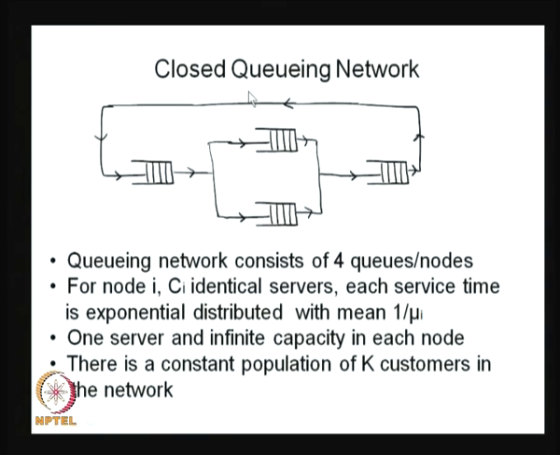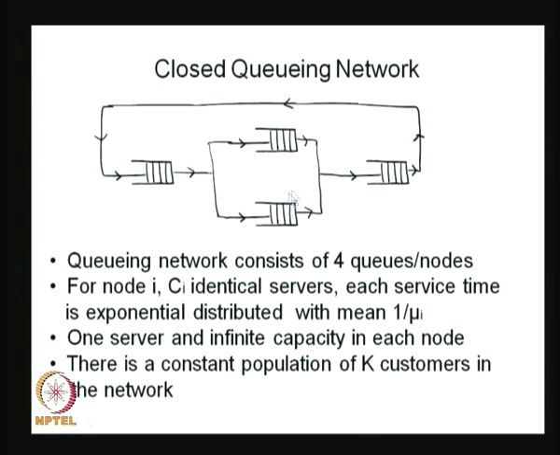Now, I am moving into the closed queuing network. Comparing with the open queuing network, here we have a fixed population moving around the queues. No one leaves and no one enters the system. Therefore, you keep some K customers in the system.